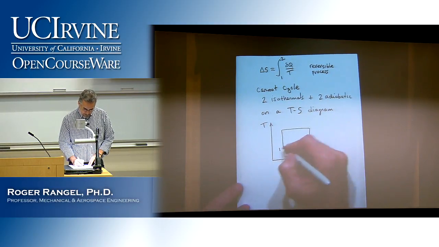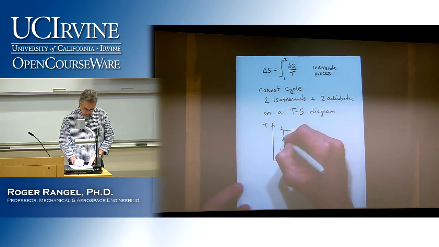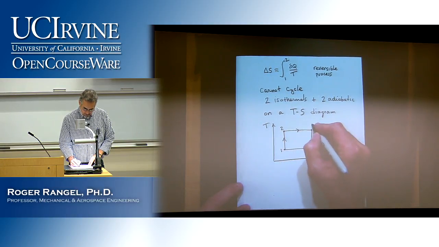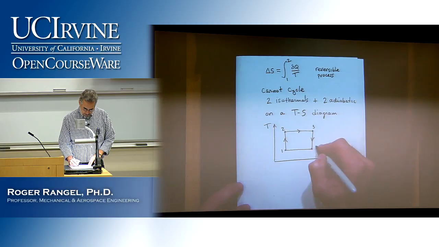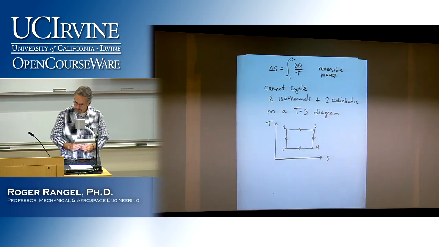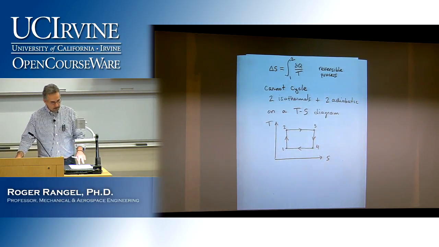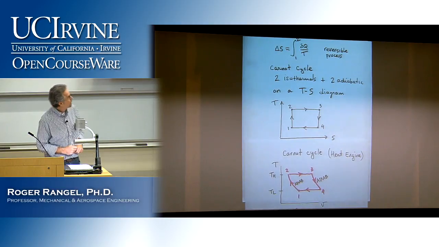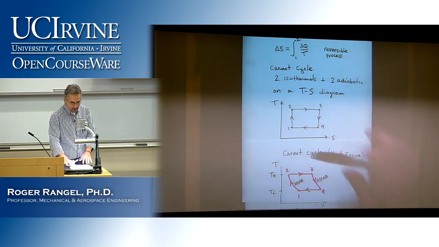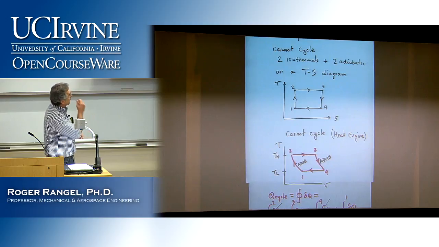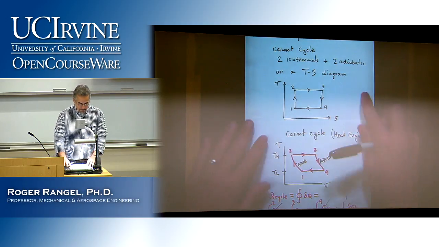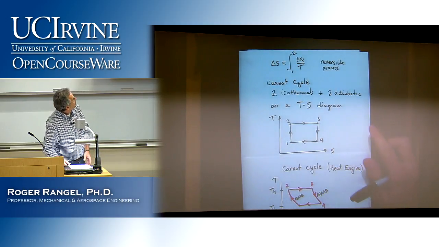In fact, 1, 2, 3, using the same notation as before. 1, 2, 3, 4. That's what that cycle looks like. This is what it looked like on the TV diagram. This is what it looks like on a TS diagram.